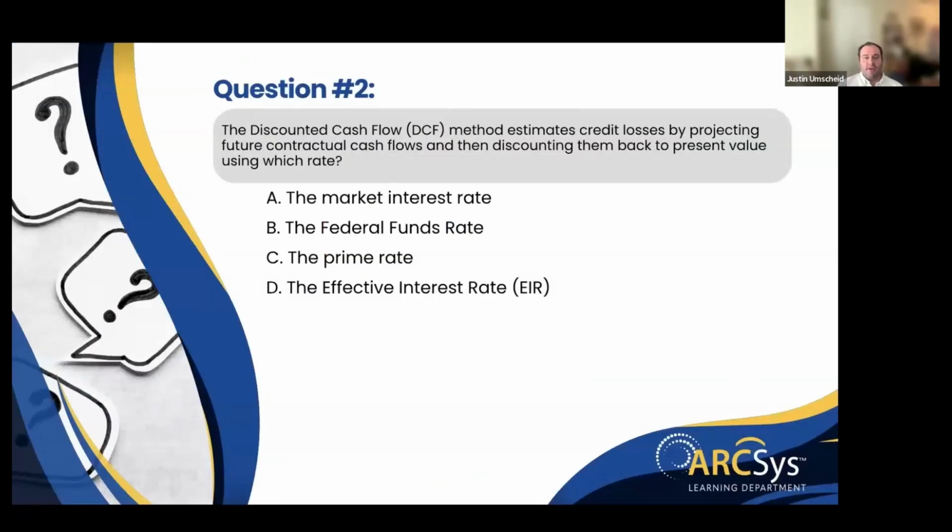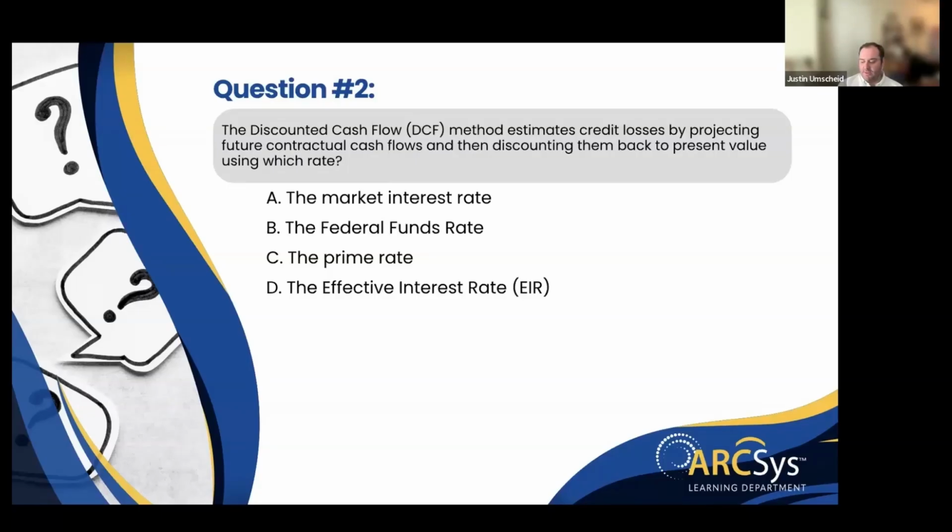The discounted cash flow method estimates credit losses by projecting future contractual cash flows and then discounting them back to the present value using which rate? Market interest rates, federal funds rate, prime rate, or the effective interest rate?